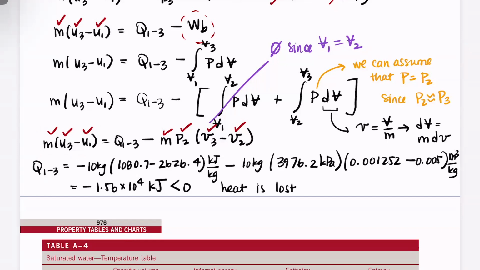It should be positive. Sorry about that. So the minus sign is because 2,626 is greater than 1080.7, and then this number is greater than this one over here. Thank you for pointing that out.